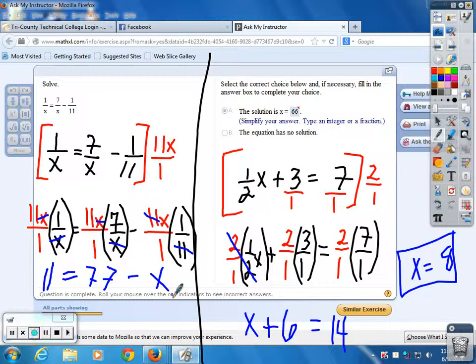The negative 66, and then divide by a negative 1, x is equal to. So the main purpose for this whole section is to make you clear the fraction. That's what it does. That's what this 6.6 is all about.